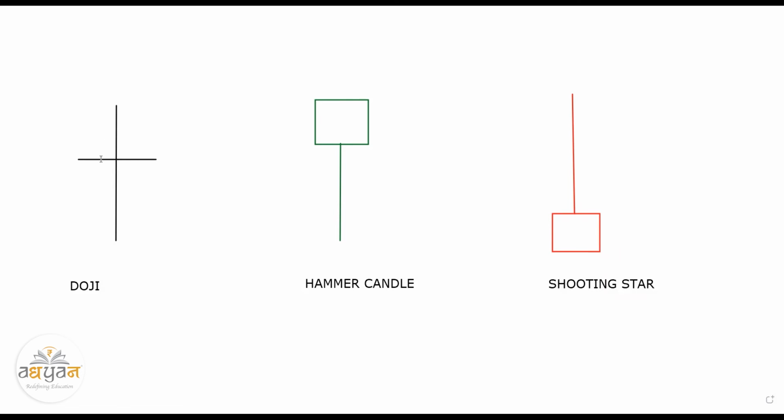That means the open is equal to close. So this represents a stop in the trend or a pause in the trend, or you can say a consolidation happened in the trend. So this will give us a very good confirmation that the trend is going to reverse or the trend is going to continue.